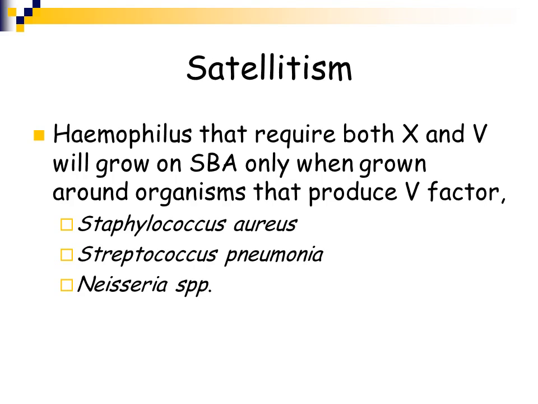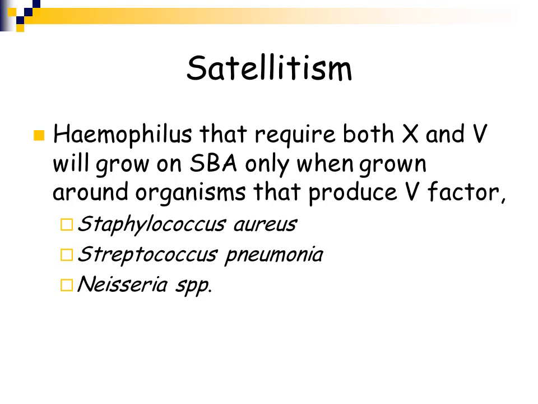One of the characteristics about Haemophilus and their growth requirements, such as Haemophilus influenzae that requires both X and V, we said that Haemophilus influenzae will not grow on sheep blood agar because sheep blood agar only has X factor or hemin in it.